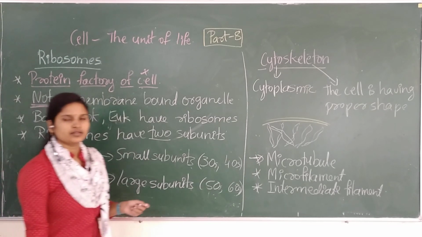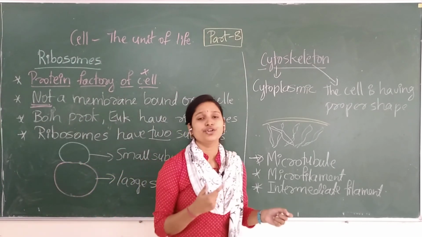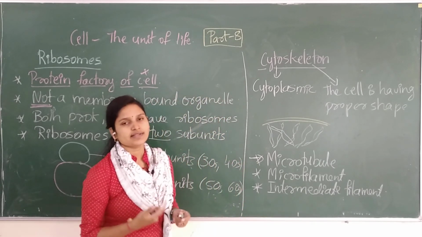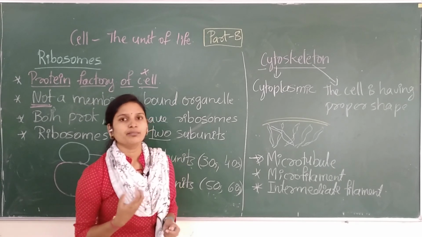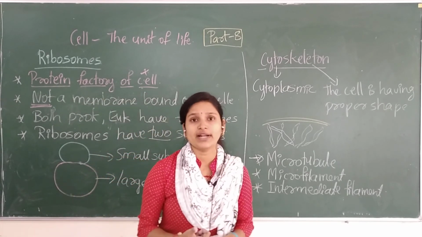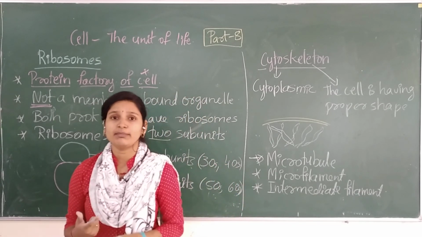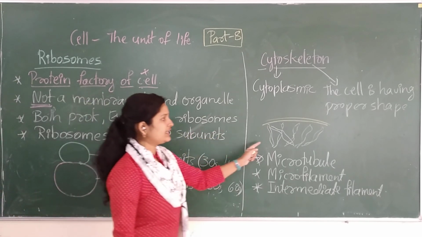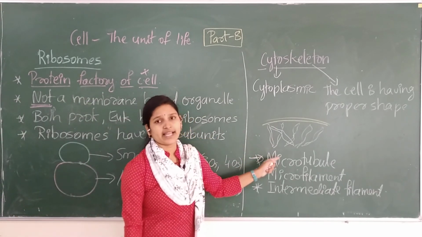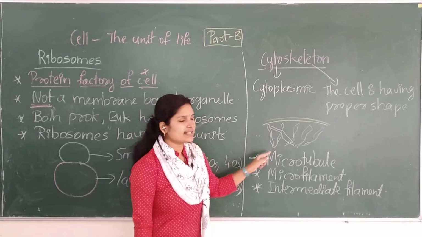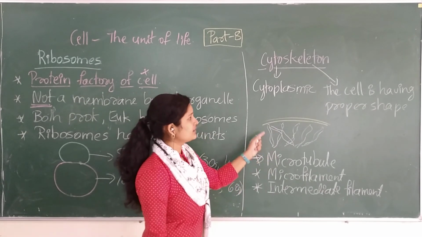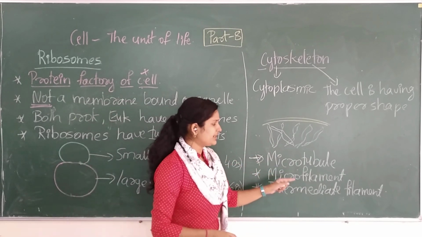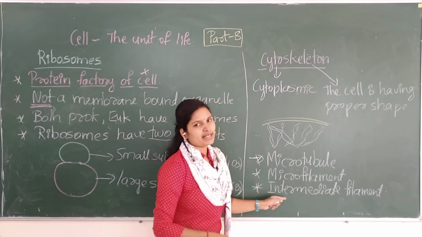Understood? And the function is to provide structure, to provide motility to the cell and mechanical support to the cell. Just as our skeleton gives proper shape and also provides structure and mechanical support to our body, the cytoskeleton is a long filamentous, network-like structure present in the cell, mainly made up of proteins, that is microtubules, microfilaments and intermediate filaments.